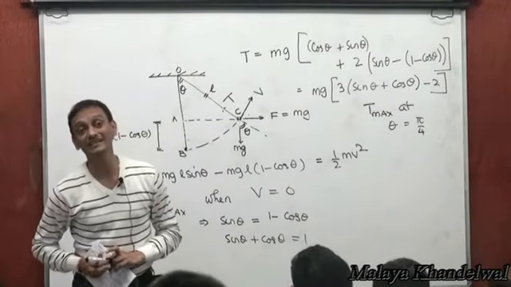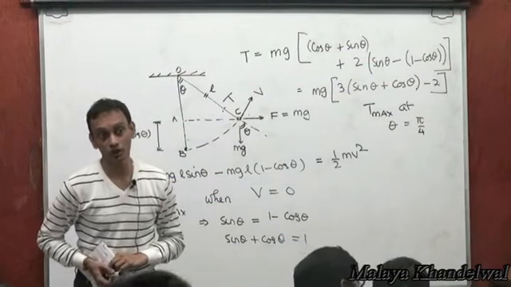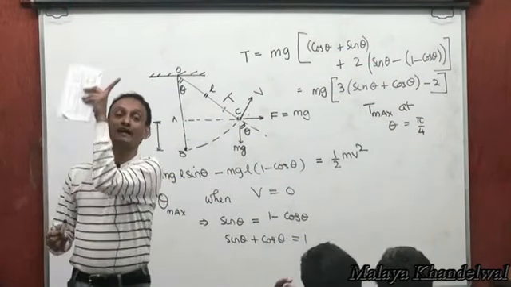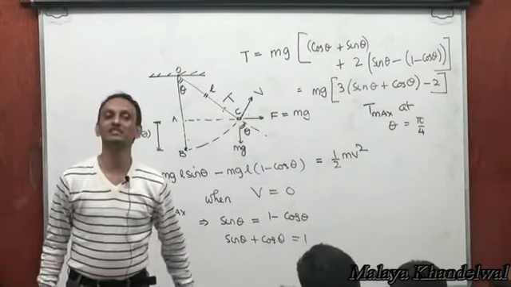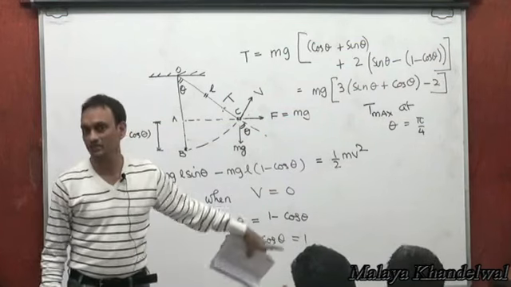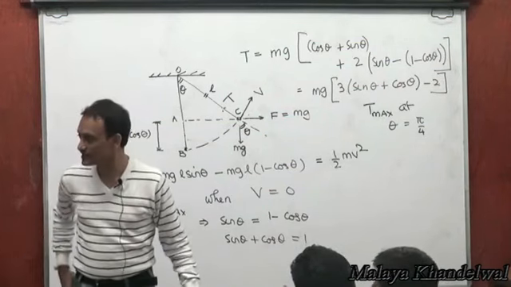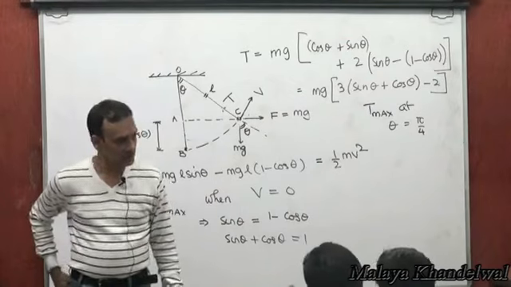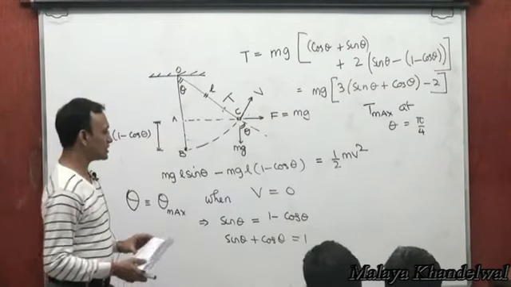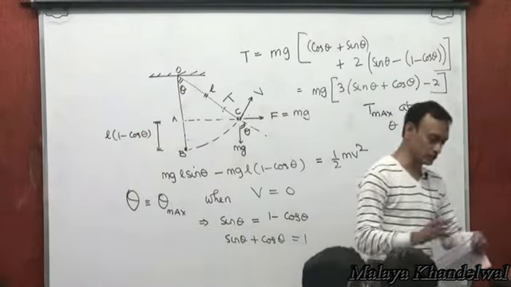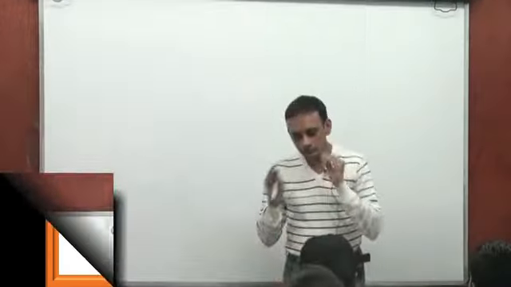Yes or no? So the maximum angular deflection can be 90 degrees here. Sin theta plus cos theta can be 1 only when theta is 90 degrees. That's the only possibility, right? So theta equal to 90 degrees is the maximum angular deflection that could occur.